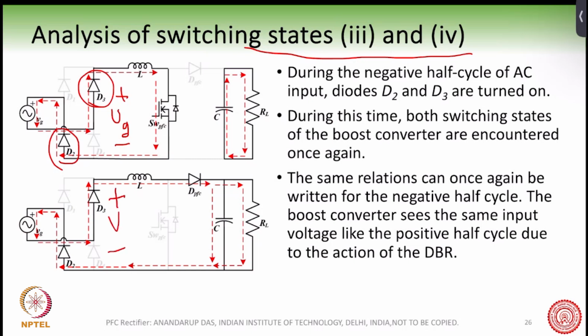And now we have the same thing repeating as in switching states 1 and 2. We have the same relationships happening, right? Once the MOSFET turns on, it will follow the same. So switching state 3 analysis is identical to switching state 1, and switching state 4 analysis is identical to switching state 2, right? Therefore, we can say that the same relations can again be written for the negative half of the AC cycle. Okay, so this is fairly straightforward.